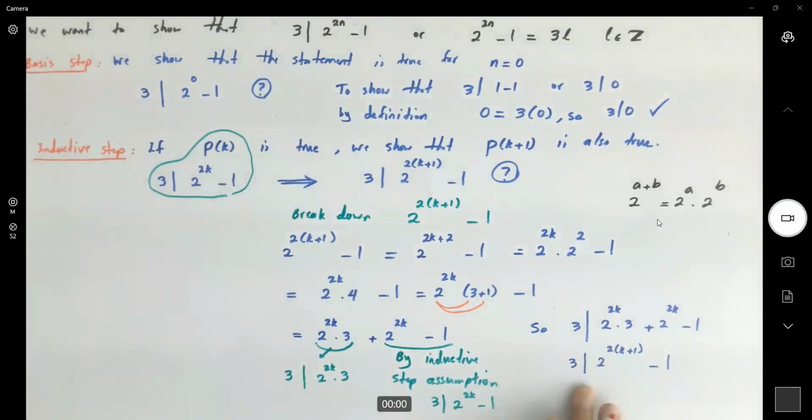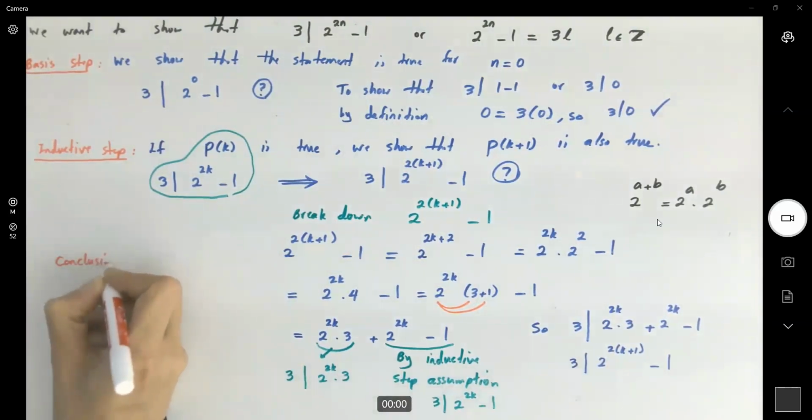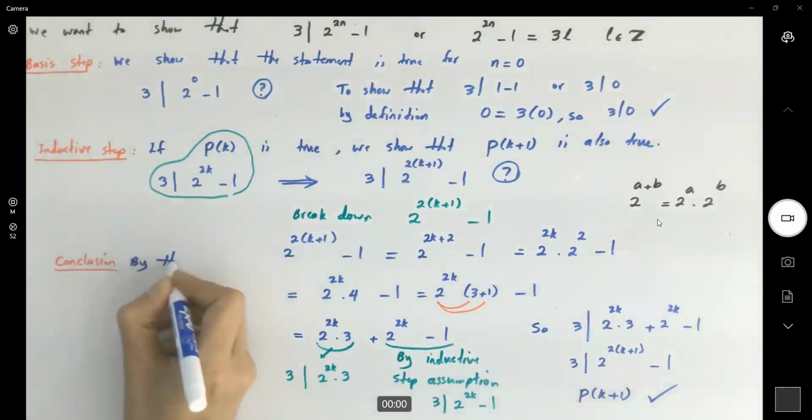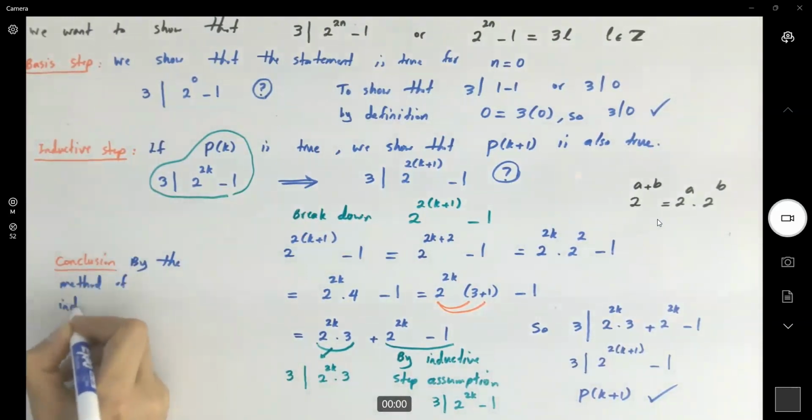Let's write down the conclusion here so we have enough space. This is P of k plus 1, which is true by the method of induction.